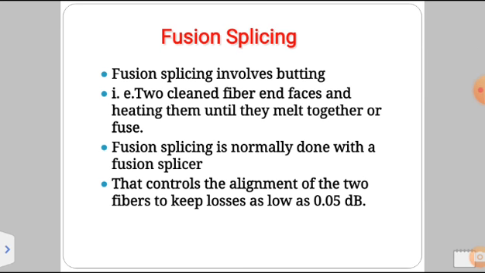Next, let me say something about fusion splicing. Fusion splicing involves butting, a word used in optical communication. It means taking two clean fiber end faces and heating them until they melt together and fuse. They make a single structure, a permanent connection.